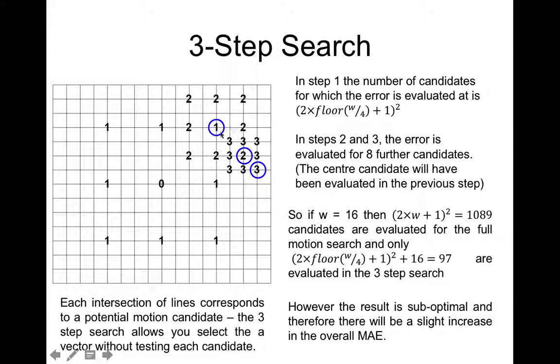Maybe this direction is better, but it's not as good as it should be, so you try to refine from that position. You use that as a starting point and check the 8 neighboring positions as well, computing the displaced frame difference at these 8 locations, and then you pick which one is the best. Let's assume this one is the best.